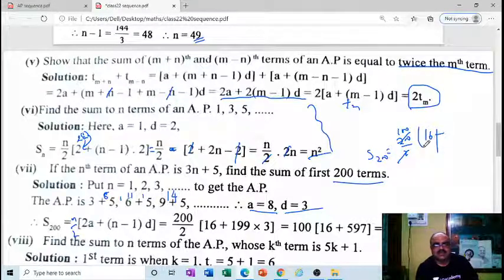Directly you must get this. 200 minus 1 is 199 into 3. So it is this value, 16 plus 199 into 3. If you are a little quick, then we can arrive at this formula and answer easily. It is 100 into 16 plus 597. 597 plus 16 is 613, into 100 is 61,300.